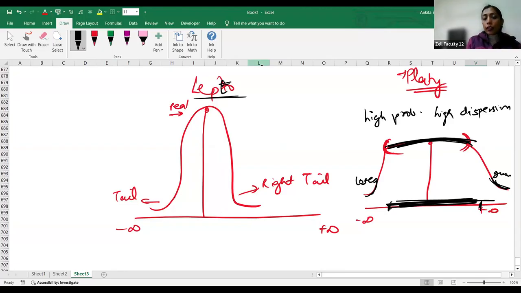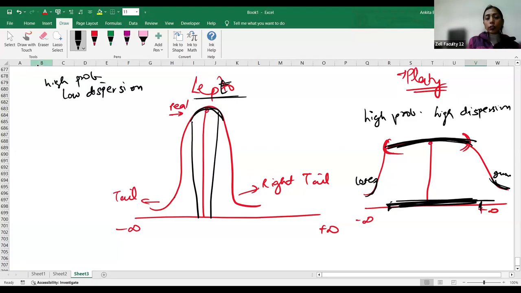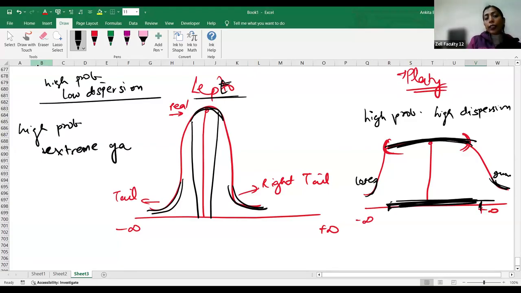But in leptokurtic, values are here in the peak, but they have very less dispersion. That means very near to the mean, these are the values. So you have low dispersion. So high probability is there that there is low dispersion. And also you can see that many values are there on the tails, which means there is again high probability that there will be very extreme gains. There is probability that you can make extreme gains.